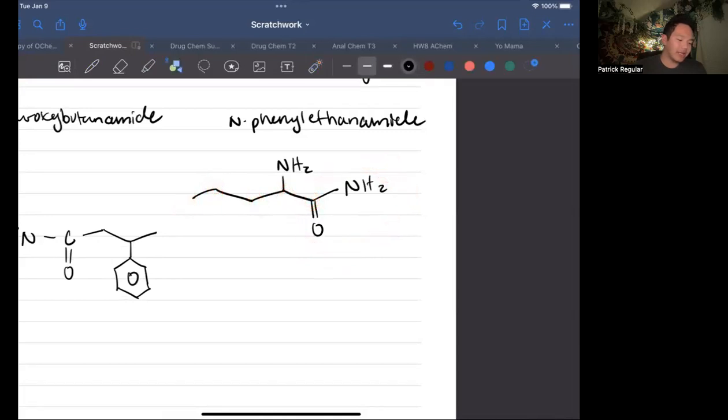So let me identify that carbonyl carbon. Let's build the parent chain off that. 1, 2, 3, 4, 5. On this second carbon, I have a branch group, and on the electronegative atom, I don't have any accessory groups. So this must be 2-aminopentanamide. There you go.